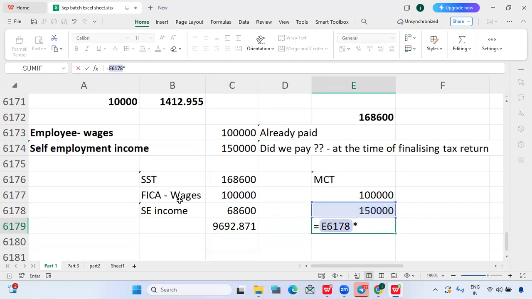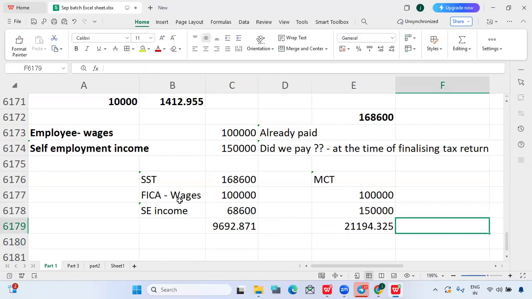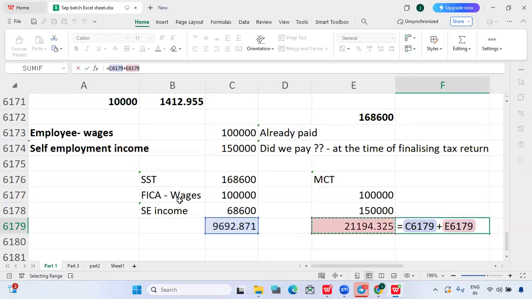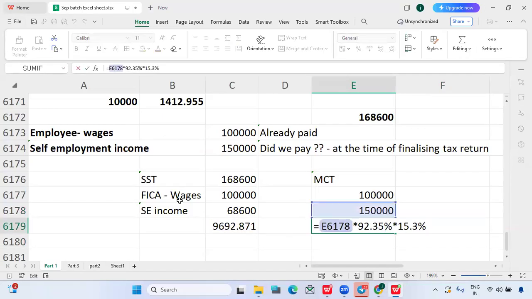So on 150 into 92.35 into 15.3%. So these two together. Jay, it should be 2.9, right? Sorry, Medicare, yes, 2.9%.